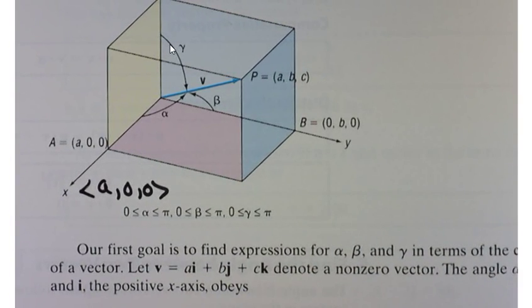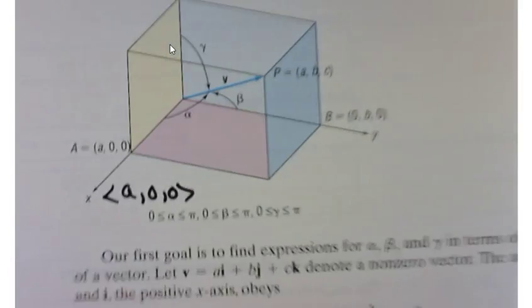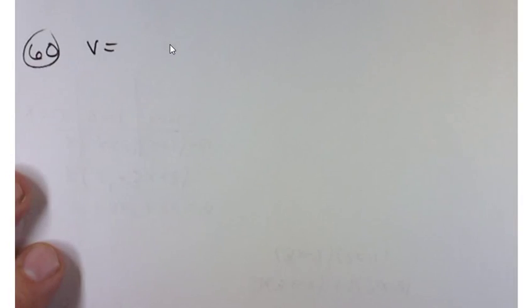Okay, so let's see how that works. And we're going to work that with a problem that we've kind of already done a little bit for, which is problem number 60. In problem 60, we've got vector v, and I'll zoom out a little bit here.